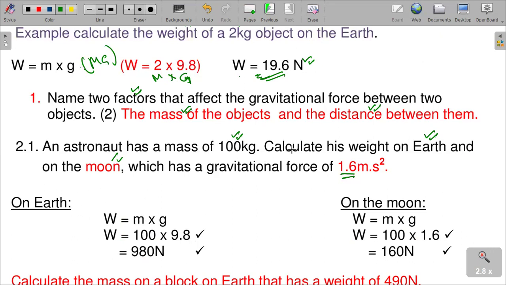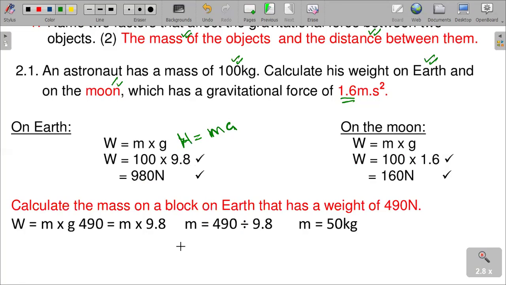So, calculate the weight on Earth. Weight W is equal to mg. W is equal to mg, which is m times g.